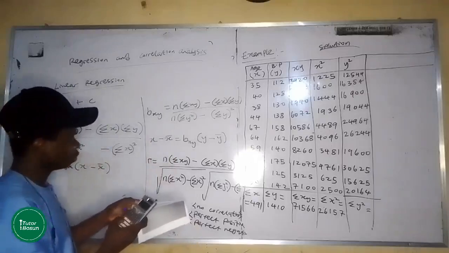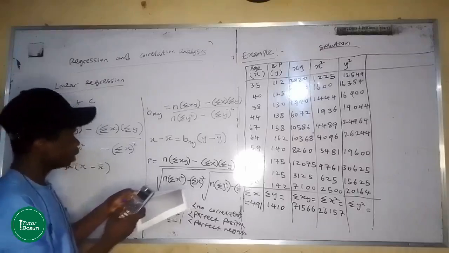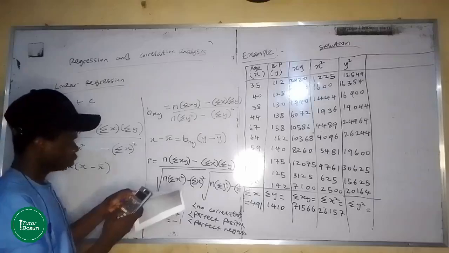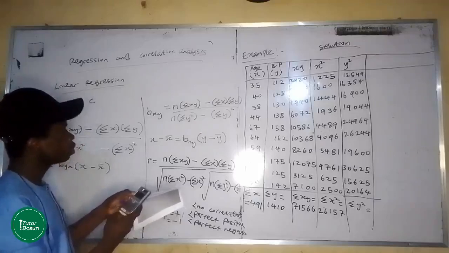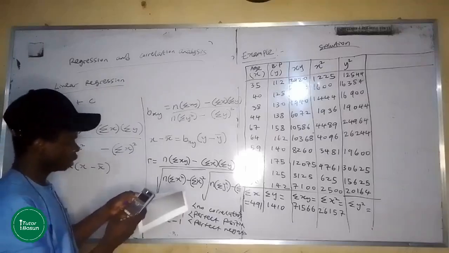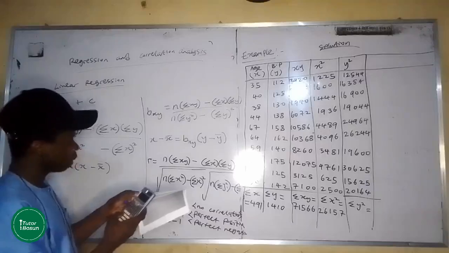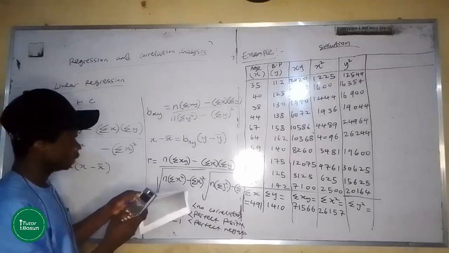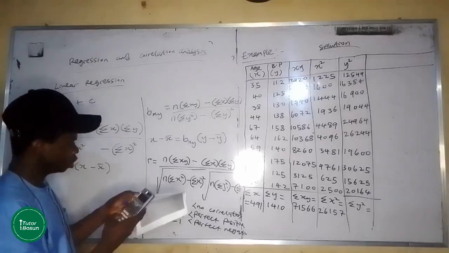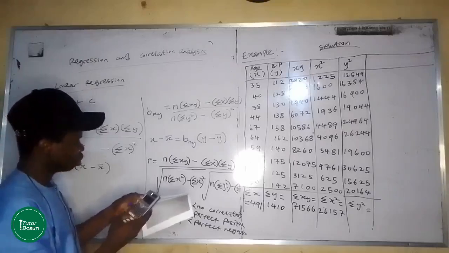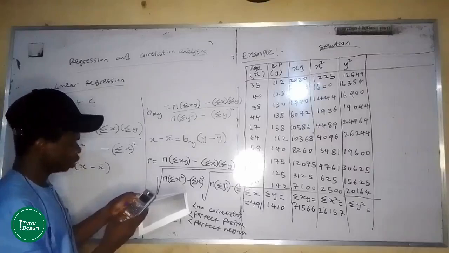We have 12544 plus 16384 plus 16900 plus 19044 plus 24964 plus 26244 plus 19600 plus 30625 plus 15625 plus 20164.